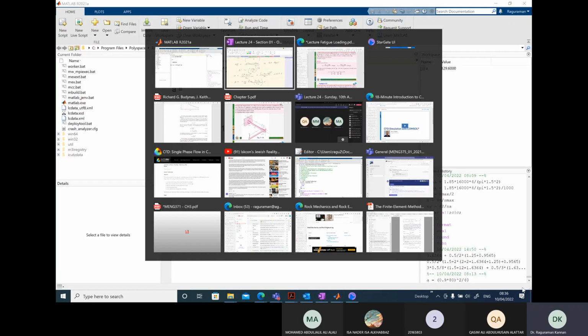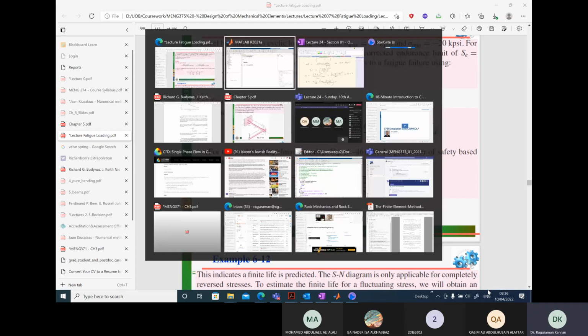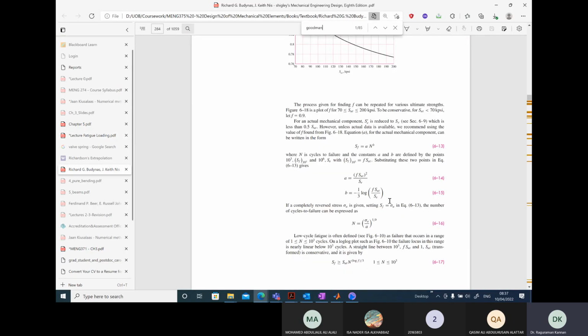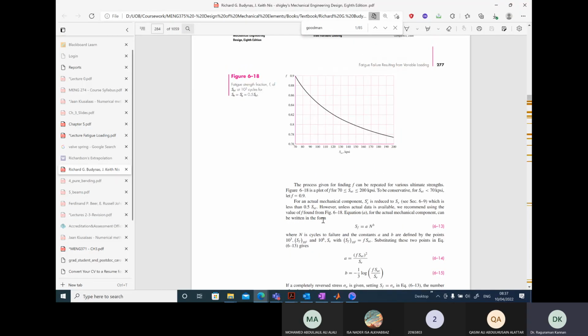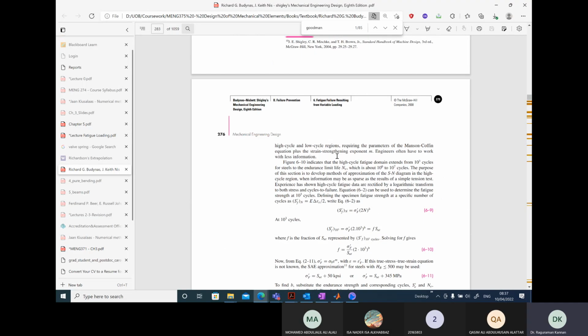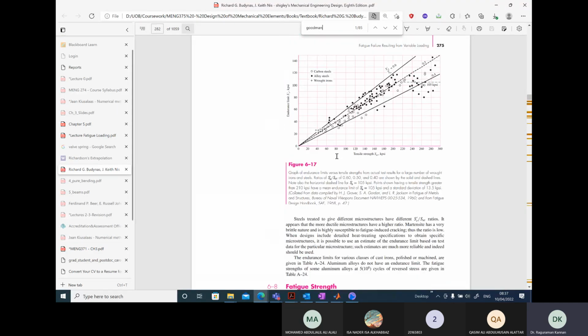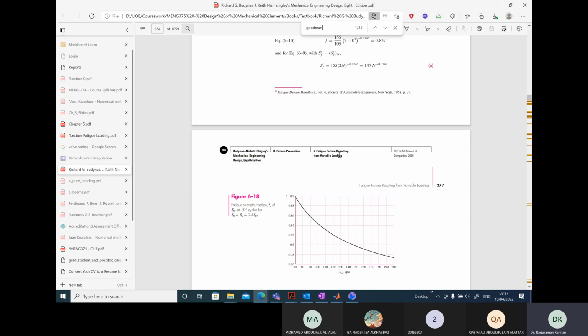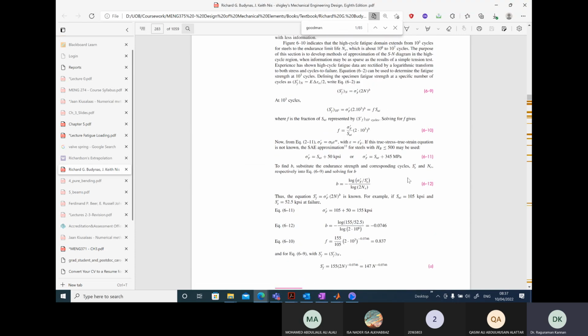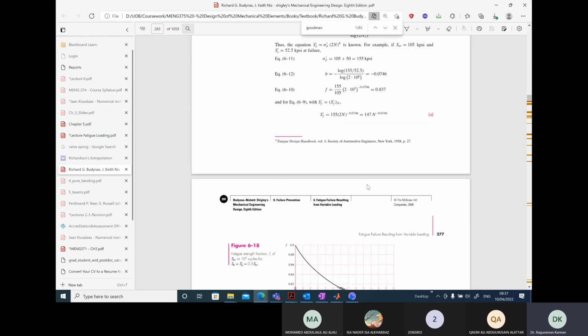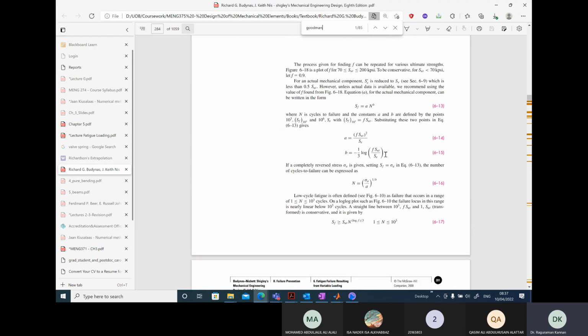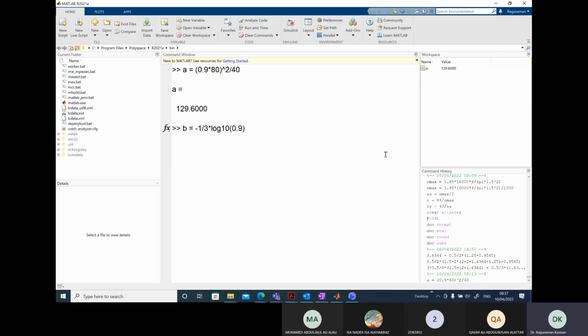Let's just make sure the formula is base 10. Here this comes from the S-N diagram, definitely, so it should be base 10. All these formulas are based upon base 10.